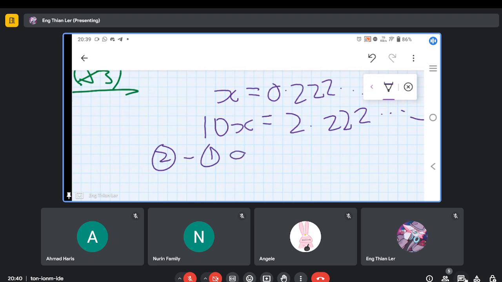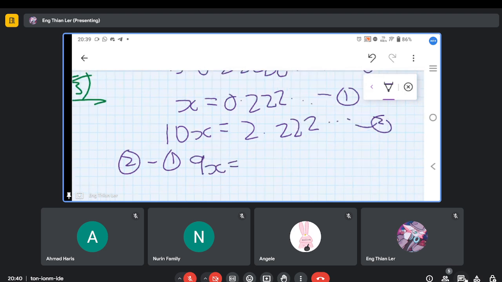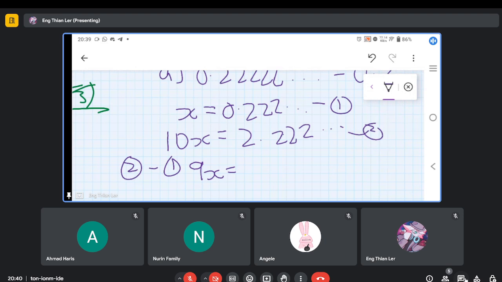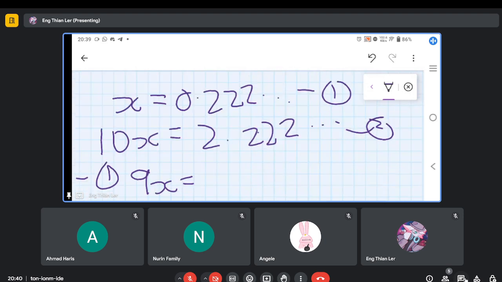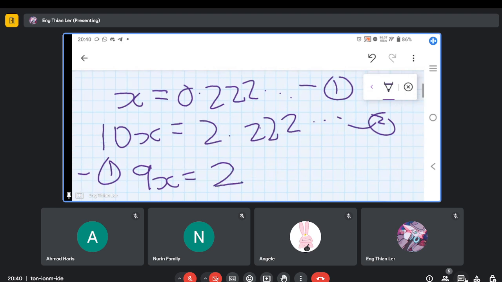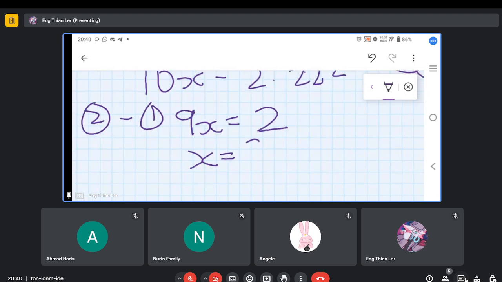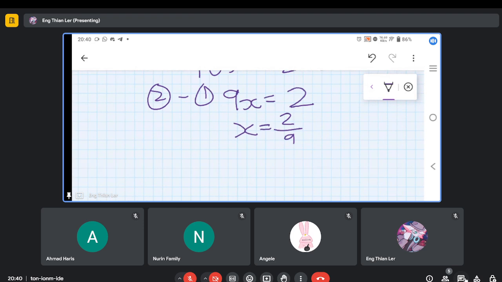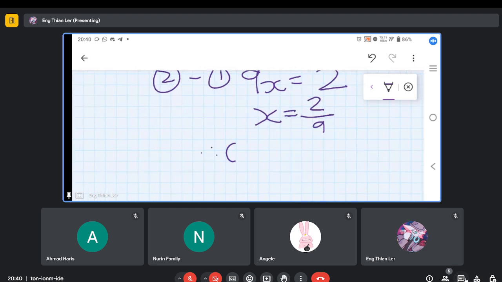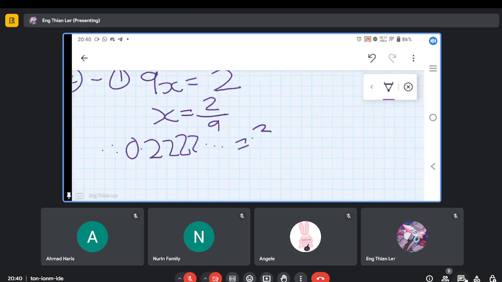We got 9x equal to this minus this. The 2.2222 and the 0.2222 cancel out, become 2. So what is x? We got x equal to 2 over 9. So now we can write thus, 0.2222 repeating equals 2 over 9.